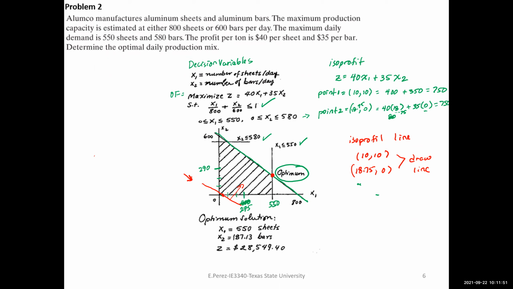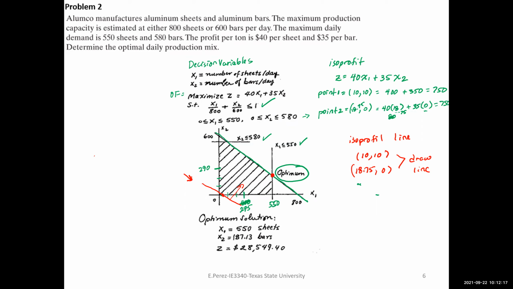The maximum production capacity is estimated at 800 sheets or 600 bars per day. So this looks like the lab that we did in class for the trucks production. You have aluminum sheets and aluminum bars, and then you have a maximum production capacity.